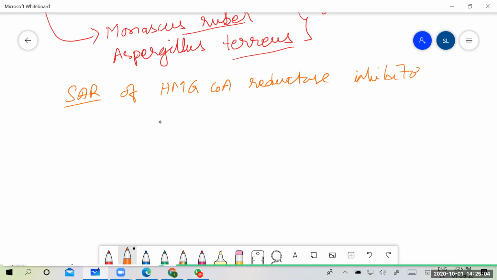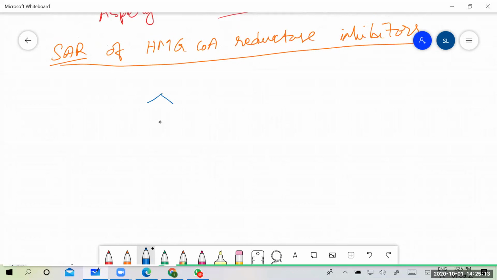If you look into the basic structure, here we have the hydrolyzed lactone ring, and if you number these carbons, this has 1, 2, 3, 4, 5, 6, and 7. In most of the cases, the third position is having a hydroxyl group, and this is one of the open forms of this lactone ring.